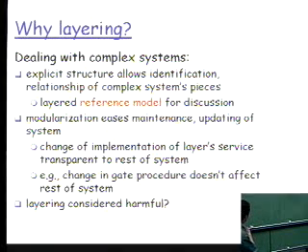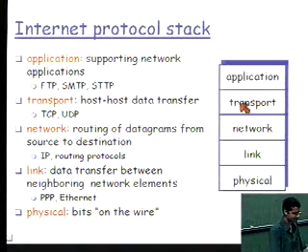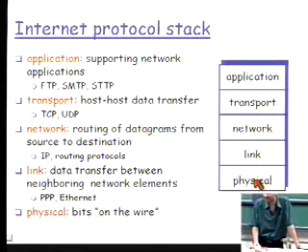So in the internet architecture, the internet protocol stack looks like this. On the top there's the application layer, then you have the transport layer, network layer, link layer, and physical layer.